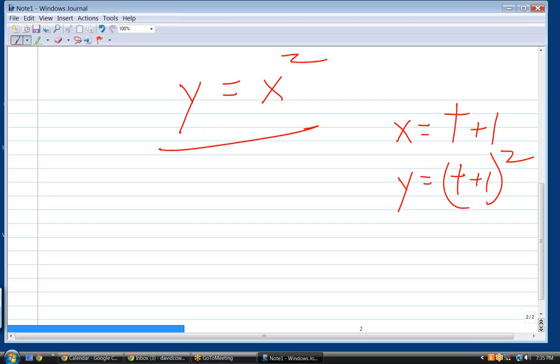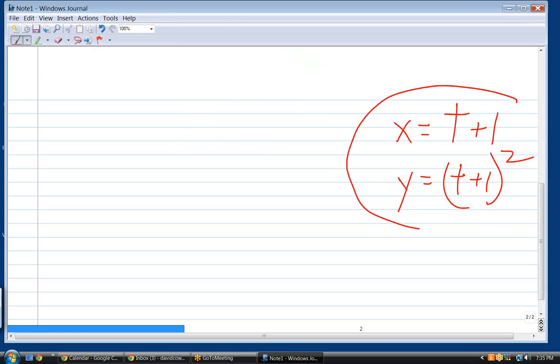There's not just one parametric equation that goes with this. What they usually have you do is they give you this and they say remove the parameter.